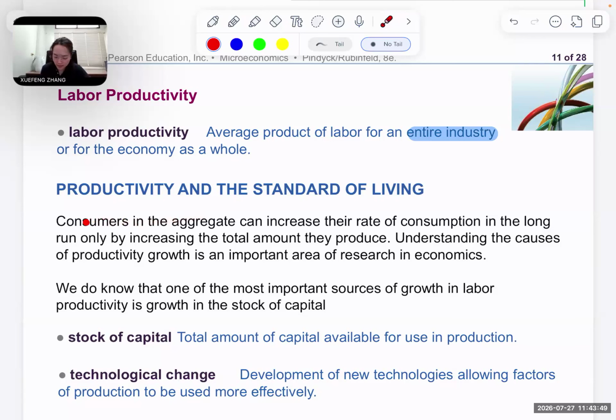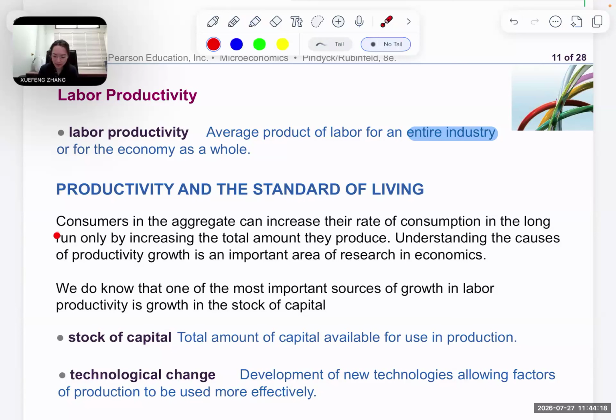So let's see here. Consumers in the aggregate can increase the rate of consumption in the long run only by increasing the total amount they produce. Understanding the causes of productivity growth is an important area of research in economics. We do know that one of the most important sources of growth in labor productivity is growth in the stock of capital. What does it mean?